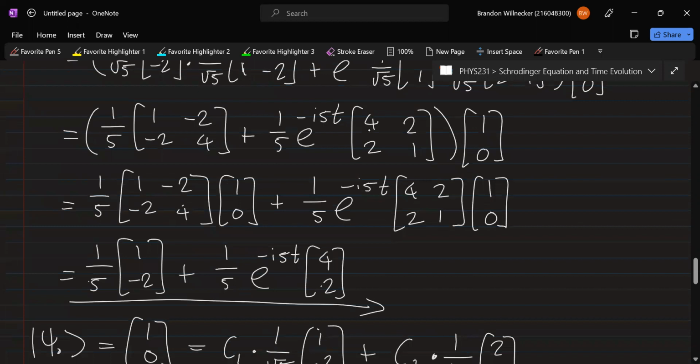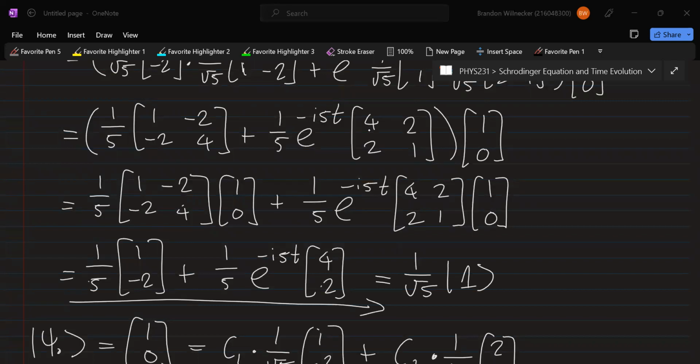If we just include the normalization of 1 over root 5, then this can be written as 1 over root 5, 1. Again, if we just include the normalization, because (1, -2), that's the first eigenstate. And then (4, 2), that is twice the second eigenstate.